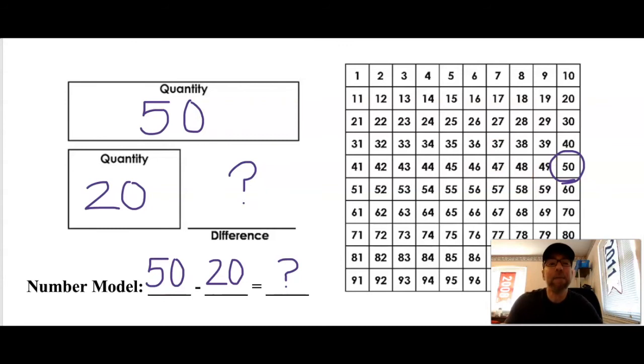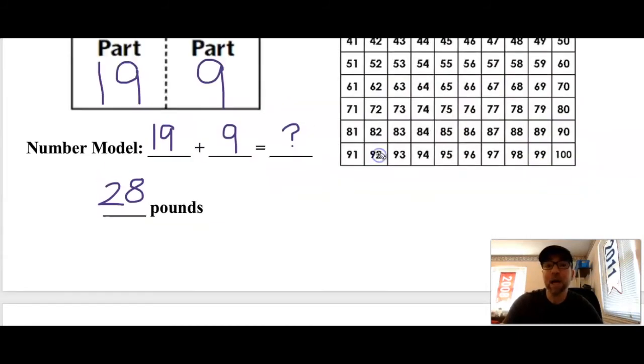Now I can count back 20 the hard way. 1, 2, 3, 4, 5, 6, 7, 8, 9, 10, 11, 12, 13, 14, 15, 16, 17, 18, 19, 20. I land on the number 30. Or I could count back a quicker way.